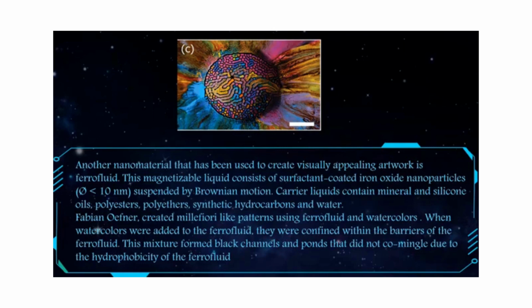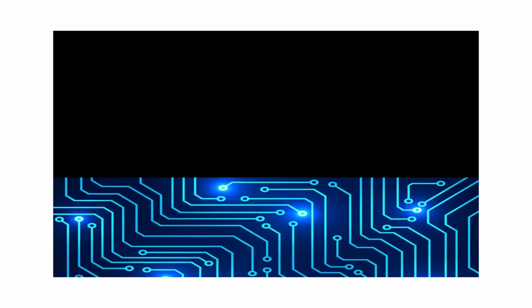So Fabian Oefner used this idea to create Rorschach-like patterns using ferrofluid and watercolors. When watercolors were added to the ferrofluid, they were confined within the barriers of the ferrofluid. These mixtures formed black channels and ponds that do not commingle due to the hydrophobicity of the ferrofluid.